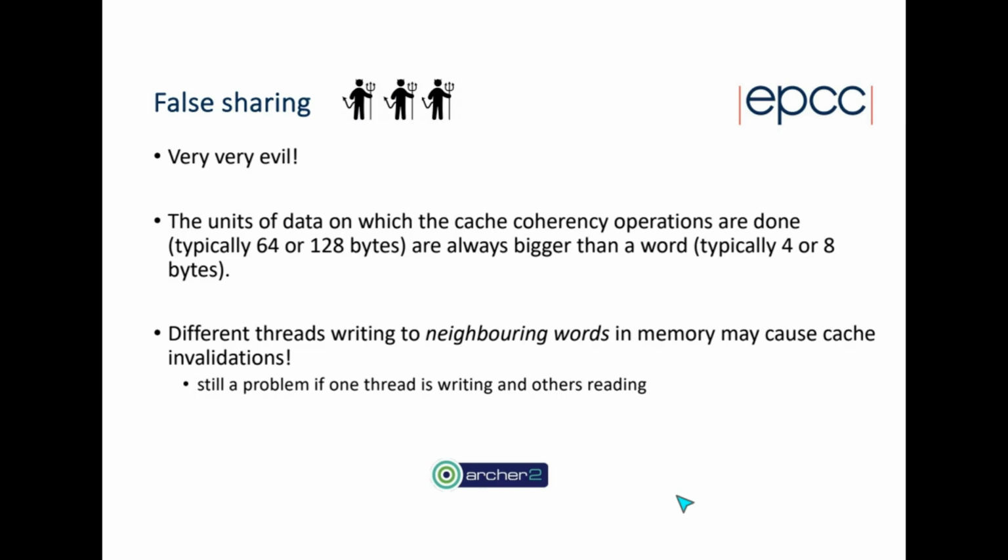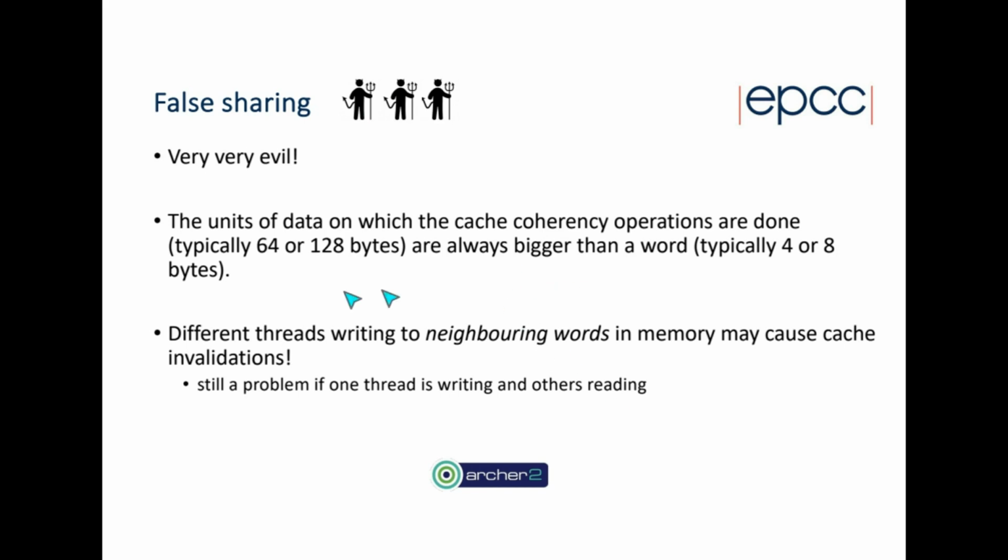Okay, and it gets worse. Well, sort of gets worse. Modern processors have cache coherency mechanisms that contain some tricks for mitigating false sharing, so it's not actually quite as bad as it used to be in some older processor designs.